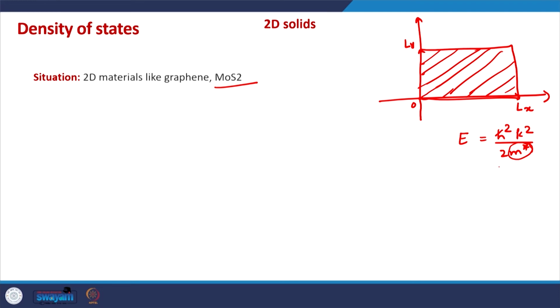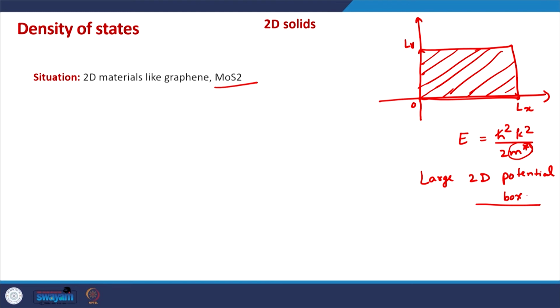and we can consider this 2D material as a large 2D potential box, exactly the same way as we did in the case of 3D solids.